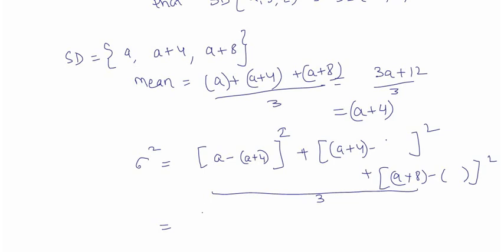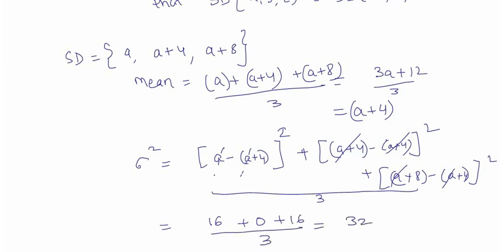So this comes out to be 16 because a and a cancel. Again here the mean is a plus 4, so they cancel, so this is 0, and over here the mean is a plus 4, so a cancels. This is 8 minus 4 is 4 square is 16, divided by 3, which is again 32 by 3. So standard deviation is equal to under root 32 by 3.